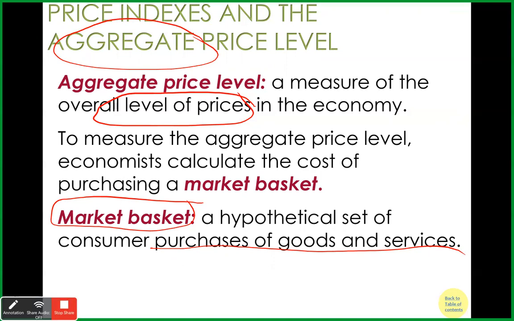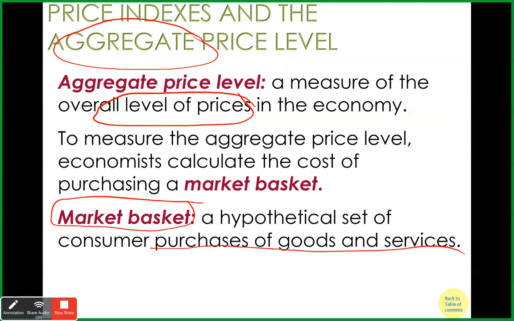In the simplest way, say if we only care about gas, you just look at the gas price. For example, you consume 2 gallons per day, and you just keep track of the cost of these 2 gallons of gas every month. You get the price index. But certainly this is nonsense, right? You cannot survive with only 2 gallons of gas.